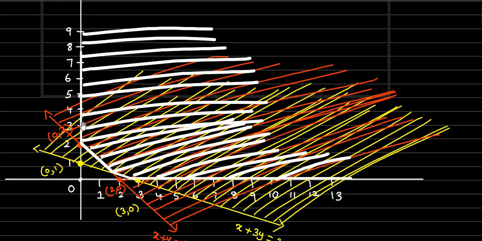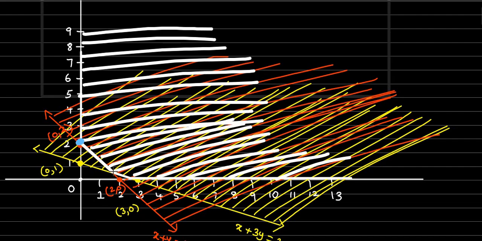I'll just highlight it. So you can notice, here on the x axis, there is no point meeting. This point we can take. So 0 comma 2 is one corner point, where x equal to 0 and this red line are meeting.